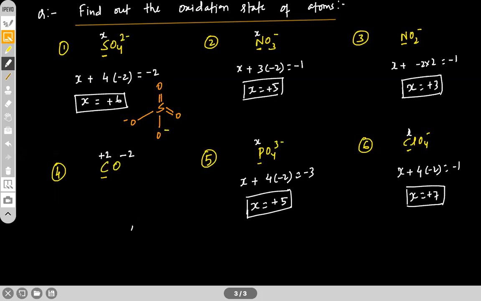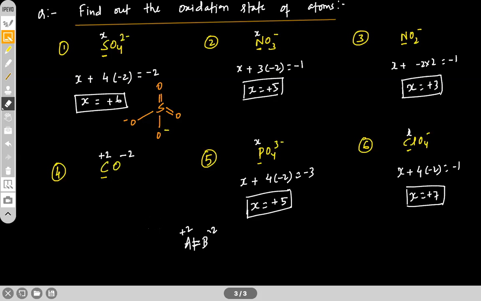Suppose you have to find the oxidation state of A and B. If B is more electronegative and one bond is present, we'll say -1 charge on B and +1 charge on A. If you have A double bond B, B is more electronegative, then -2 on B and +2 on A because of this bond. Because we assume that the bond is ionic here, so plus-minus charge you have to place.